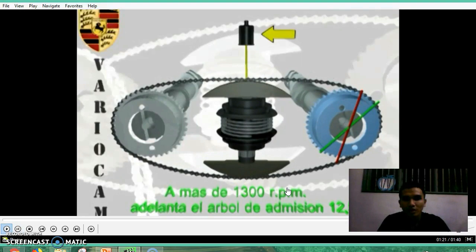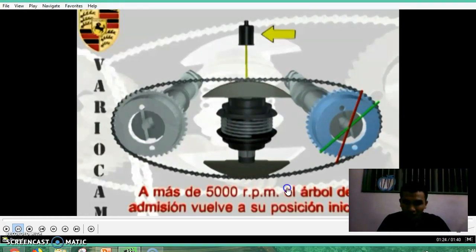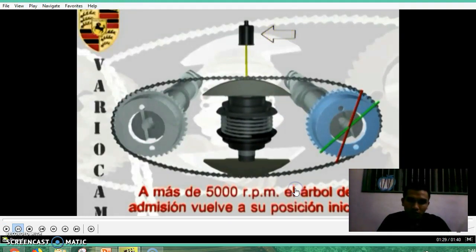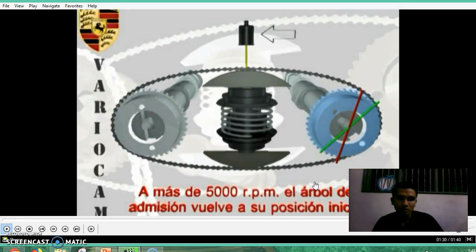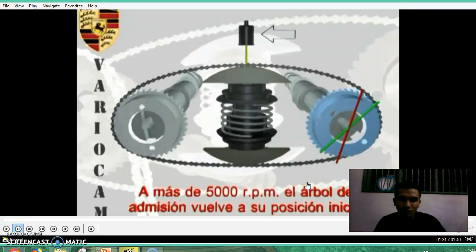When the speed shifts to 4000 rpm, the solenoid will send a signal to the hydraulic system on the Variocam to go back to the initial position of the tensioner.